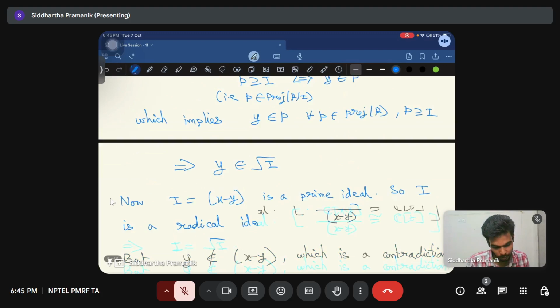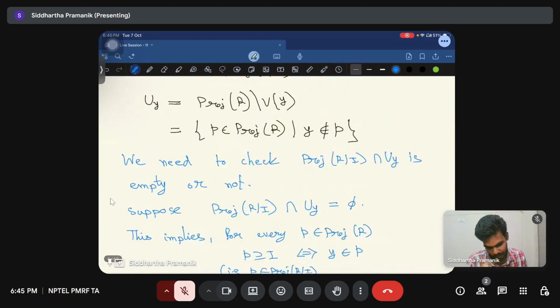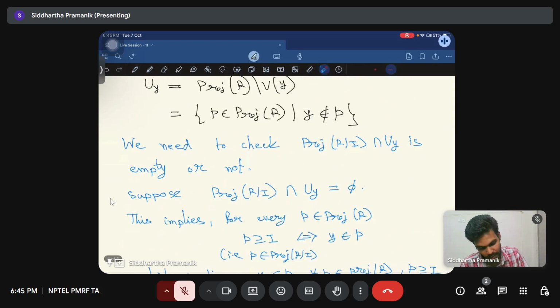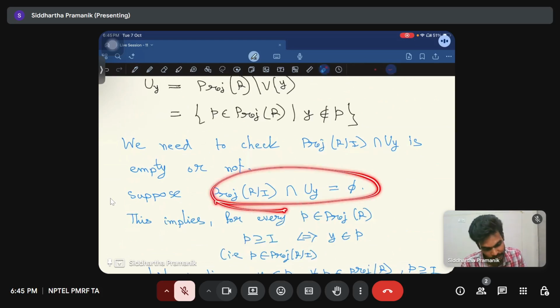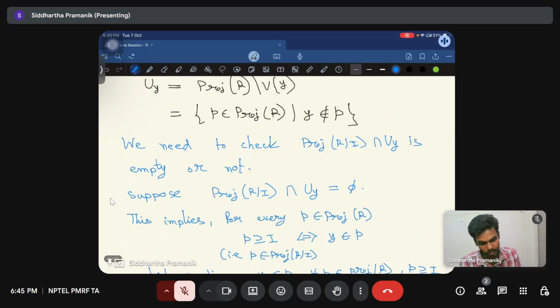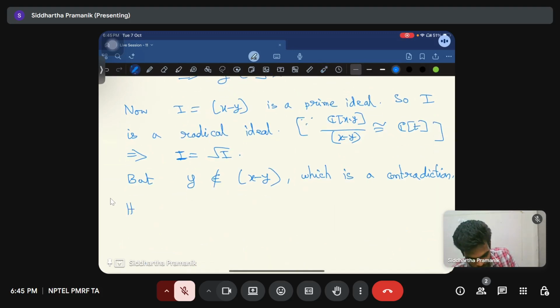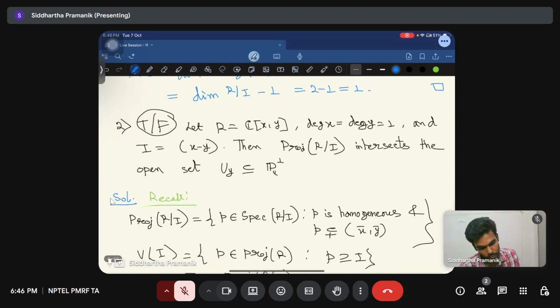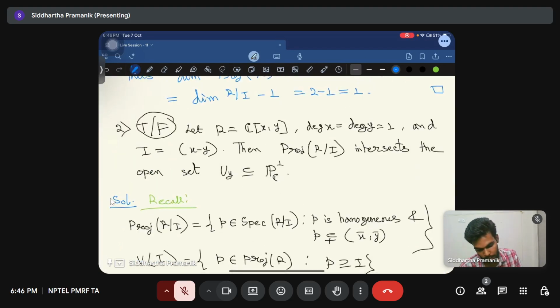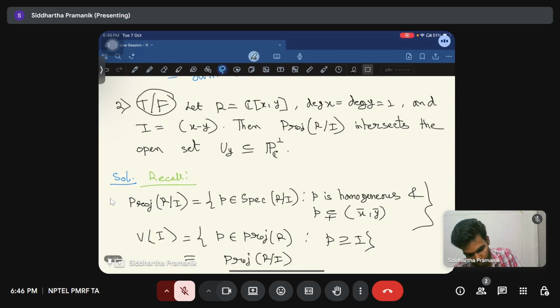But a contradiction to what? We have assumed that this intersection is empty. So this is a contradiction. So hence, proj of R mod I intersection U of Y must be non-empty. So this is in fact true.